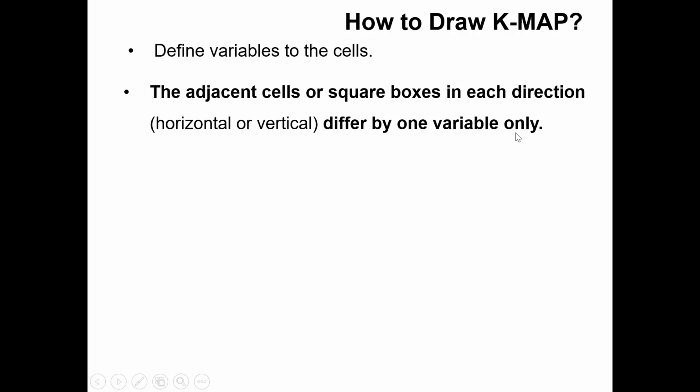This is very important: differ by one variable only. Because the K-map follows the principle of A plus A bar is equal to 1. This will be possible only if the adjacent cells differ by one variable only. We'll see how.